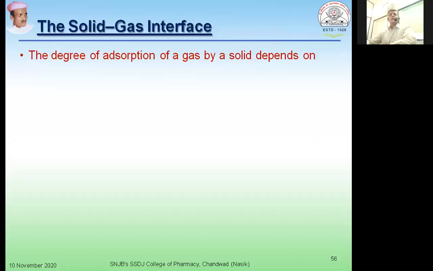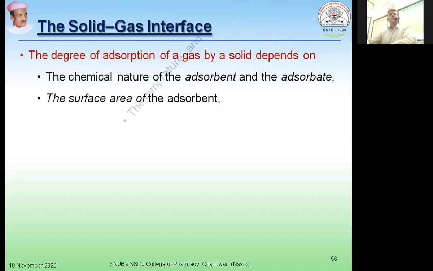So in solid gas interface, the degree of adsorption of a gas onto the solid depends upon four important factors. The very first factor is the nature of the adsorbent and the adsorbate.